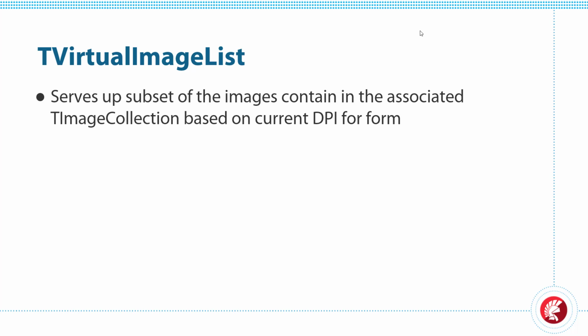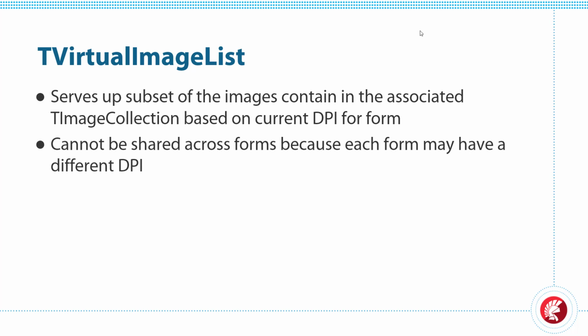So based on the size of the image you originally used at 100% scaling, if you move over to 200% scaling, the different resolution image gets extracted out from the virtual image list. And because the virtual image list is compatible with a regular image list, you can use it in any control that connects to an image list.